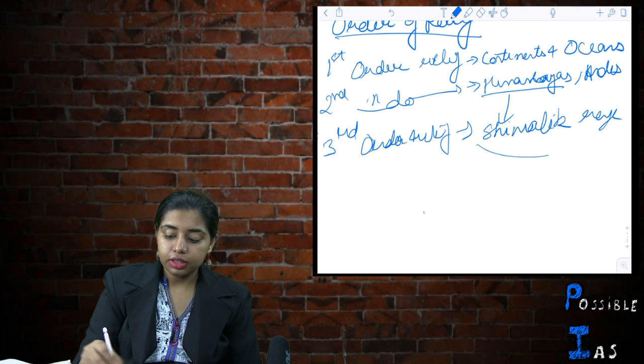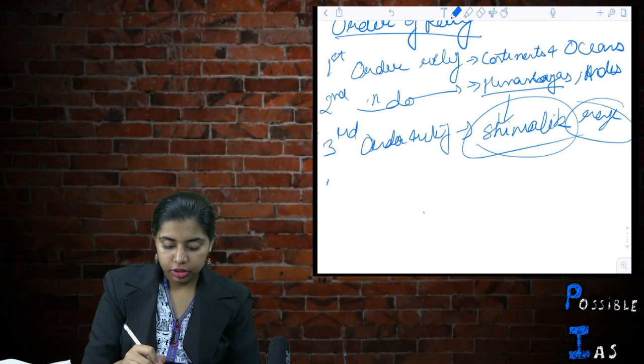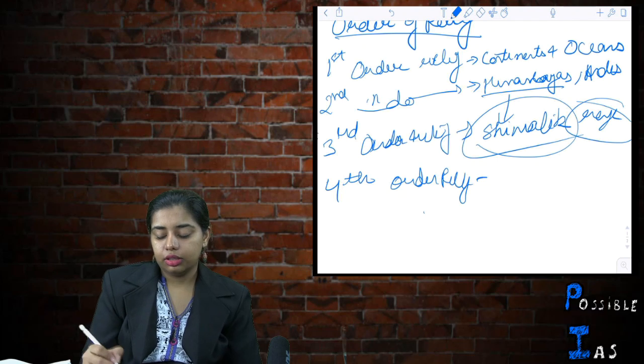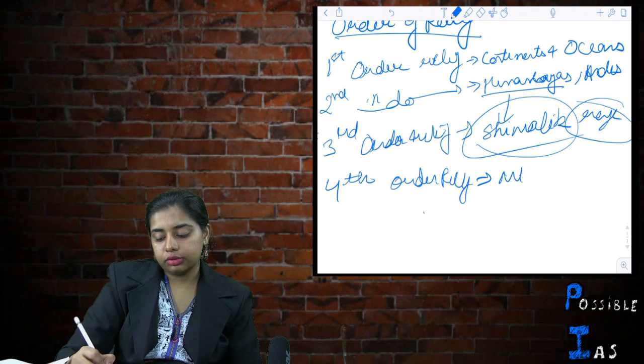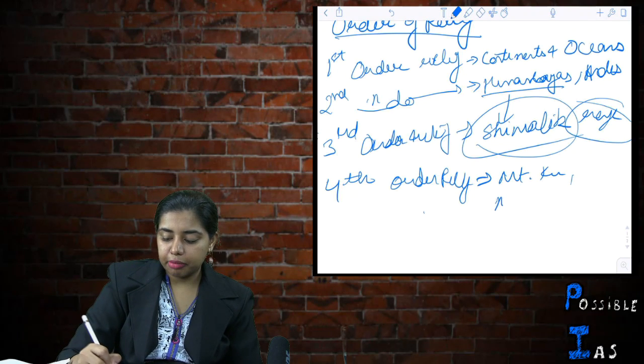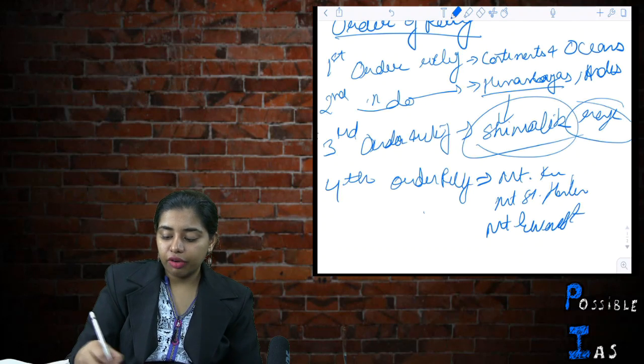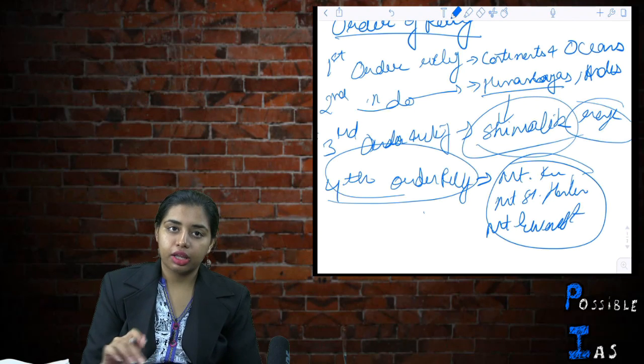So this becomes the third order relief. Now next you come to fourth order relief. A single hill like Mount Kenya, Mount St. Helens, Mount Everest. This single feature forms the fourth order relief.